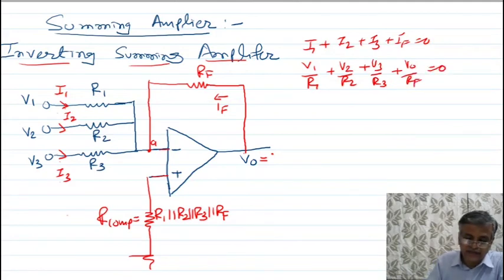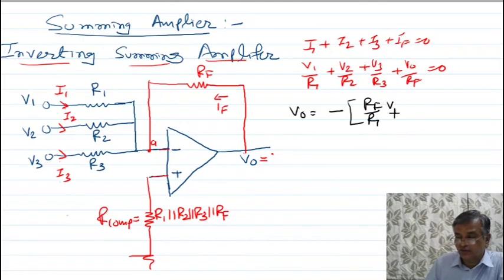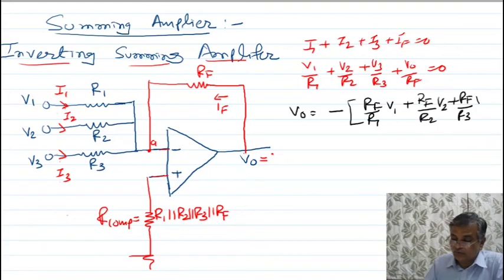So I can write VO is equal to minus RF by R1 into V1 plus RF by R2 into V2 plus RF by R3 into V3. Remember this equation for any inverting summing amplifier. This is the equation of the output voltage.